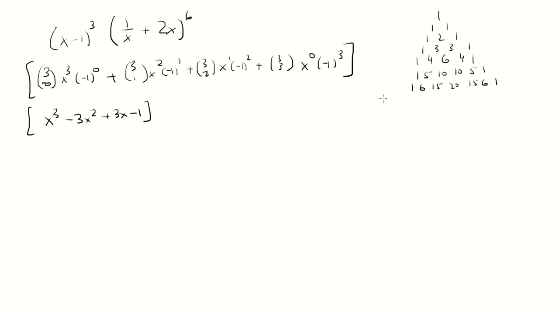So we would use these as coefficients, and you would start with 6 choose 0, 1 over x. I would just call it x to the negative 1 to the sixth power, 2x to the 0, and then we're just going to go up and down. So k goes up and minus k goes down.